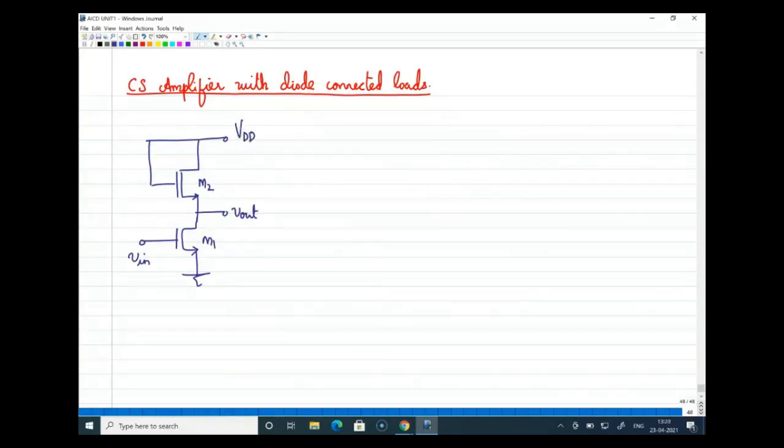Now today we saw the other circuit, which is a PMOS load. So this is VDD, this is M2, this is M1, and this is V out.